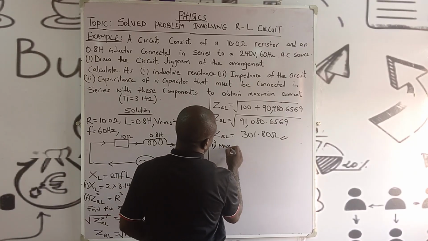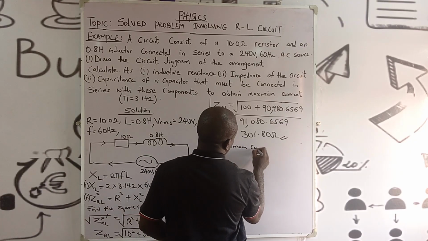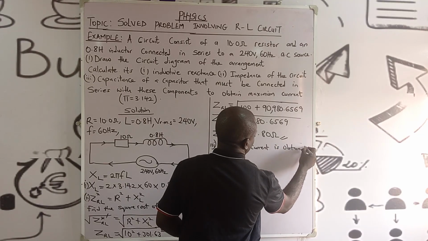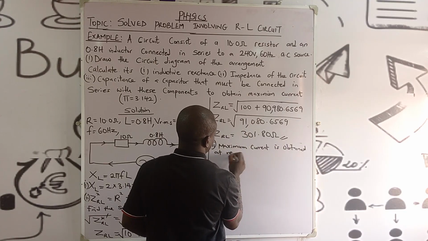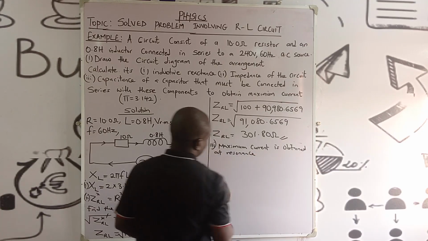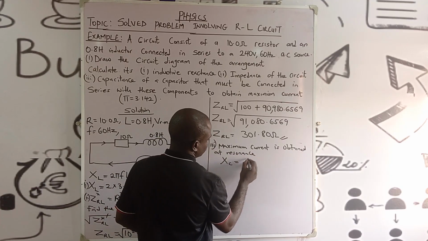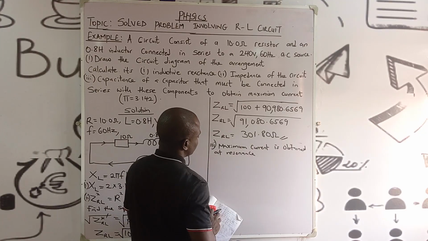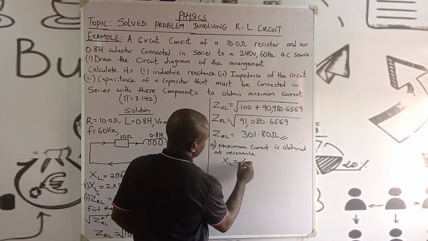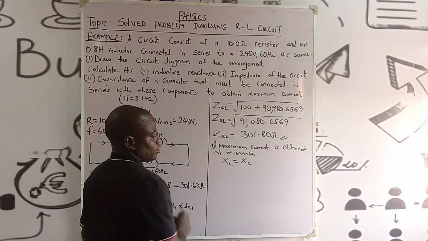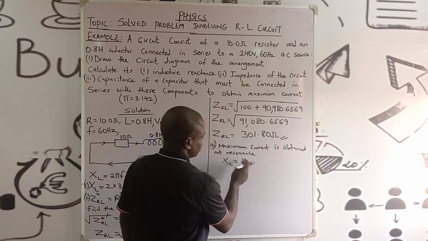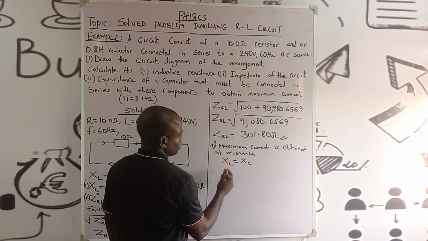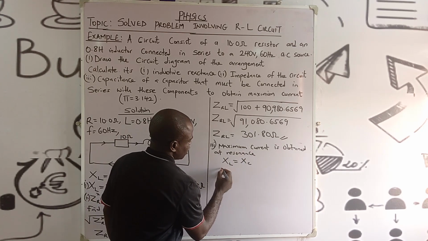Maximum current is obtained at resonance, and at resonance XC equals XL. The same thing, XL equals XC, that is the inductive reactance equals the capacitive reactance when you have maximum current at resonance. Is that okay?